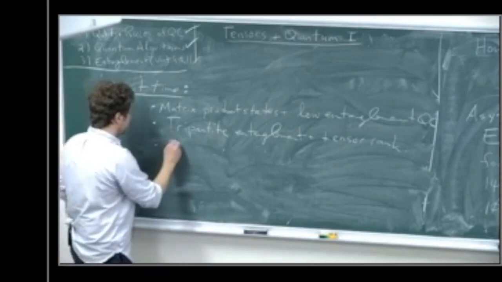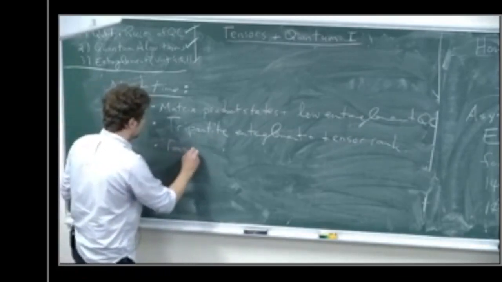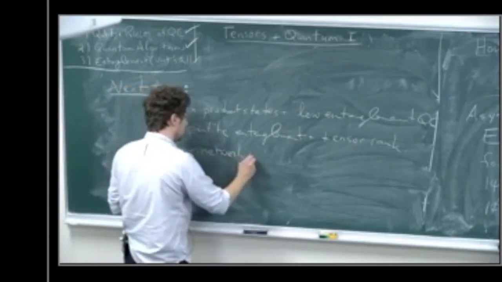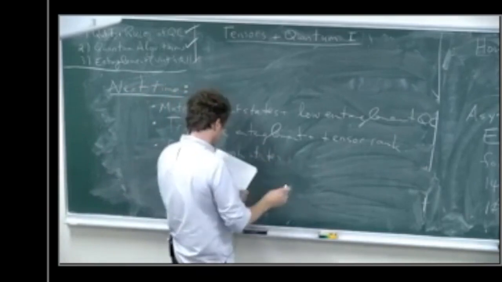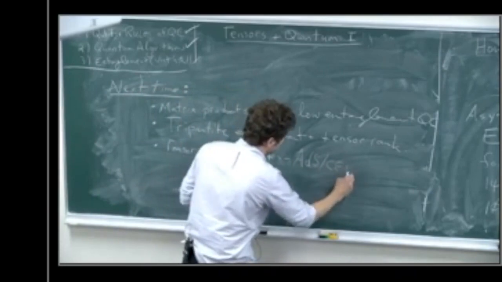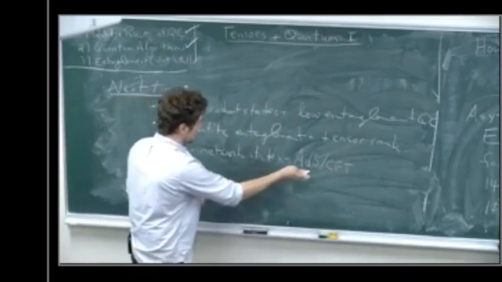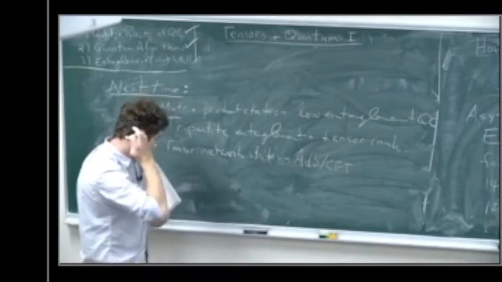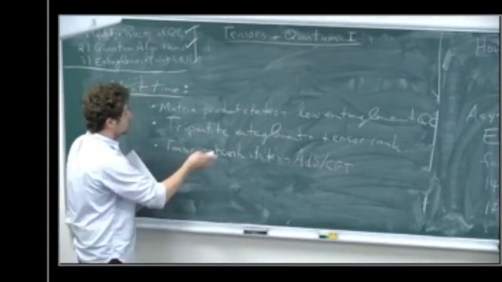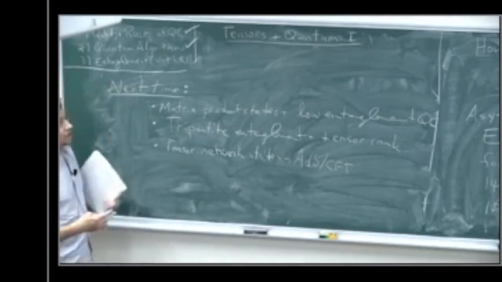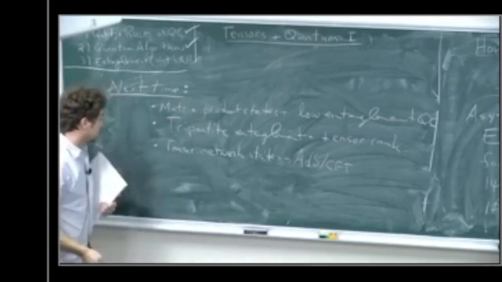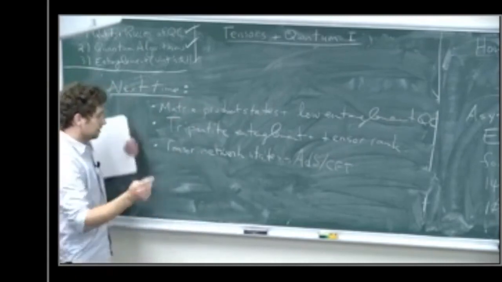And maybe, if there's time, I'll draw some pictures about tensor network states, and this connection to AdS/CFT, or toy models of AdS/CFT, which is a duality that exists in high energy physics that seems to be best understood in terms of a generalization of matrix product states to tensor network states.